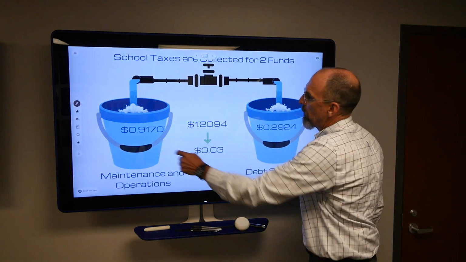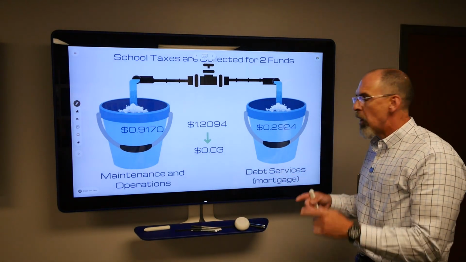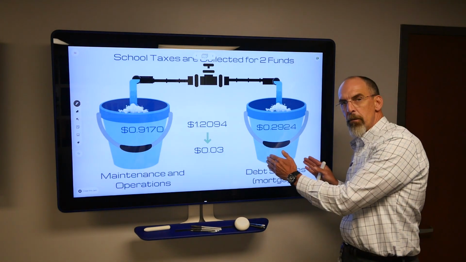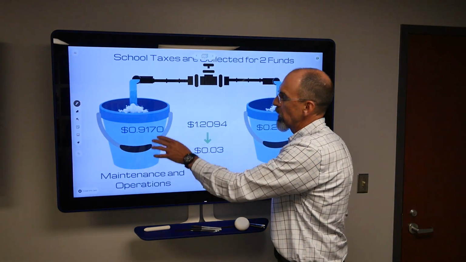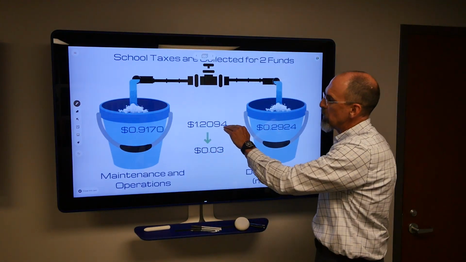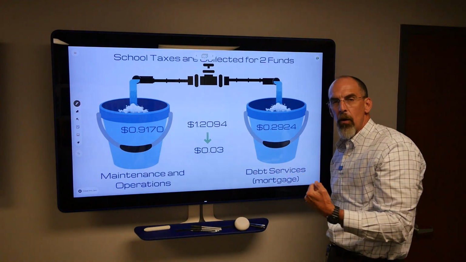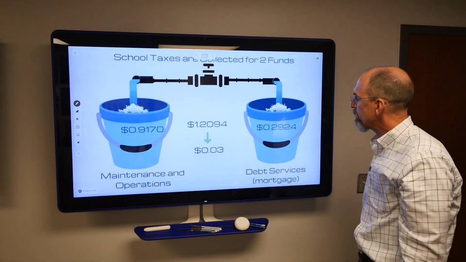These two buckets combined come up to $1.20 per every $100 of value, but nothing from this bucket can be used for the operations of the school district. Both of these buckets show up on your tax statement, but we all look at this $1.20 to know what my tax rate is for FISD.